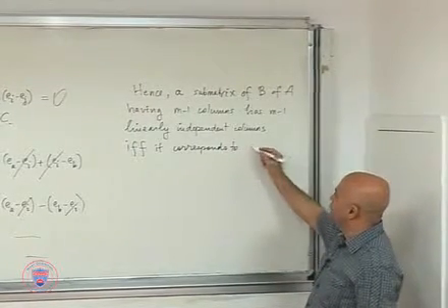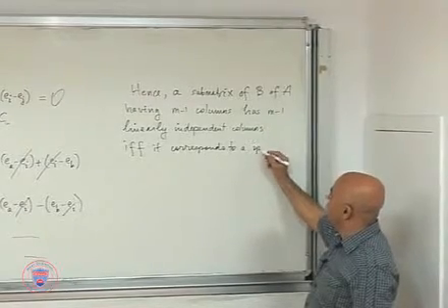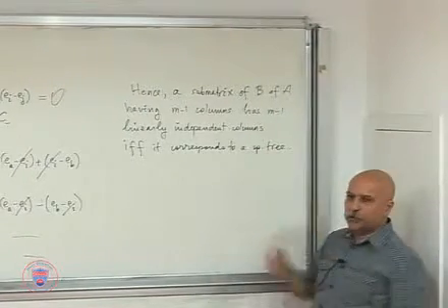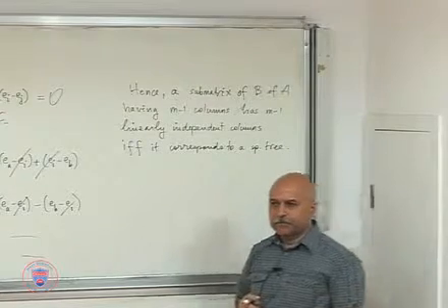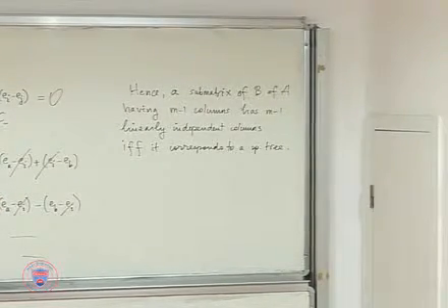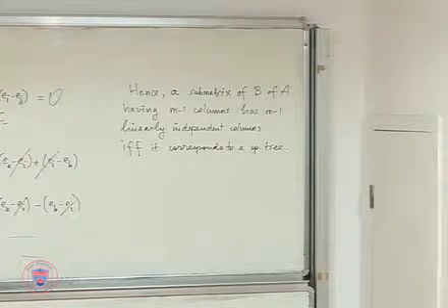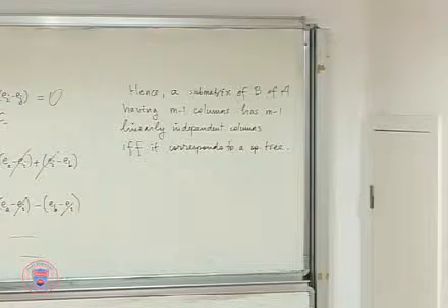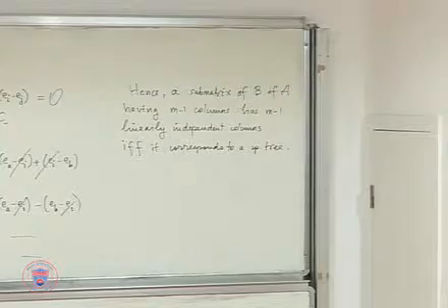If and only if it corresponds to a spanning tree of the original graph. That's the major conclusion we obtained here. So trees and basis matrices are the same thing. Even though they are different objects, they are in one-to-one correspondence with each other.